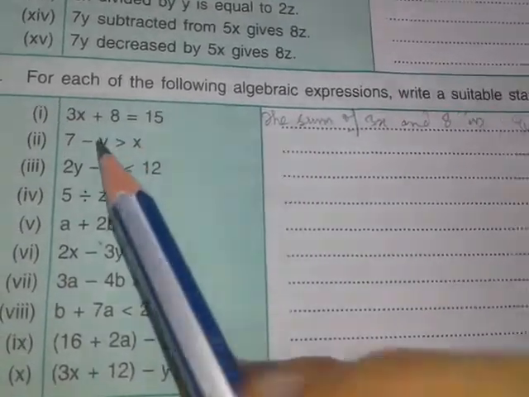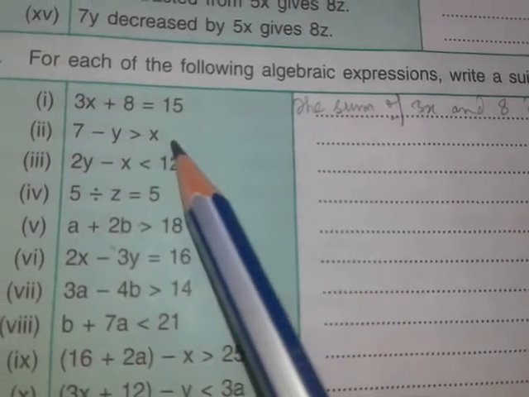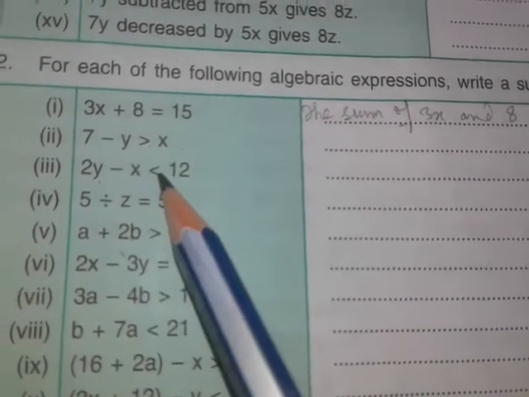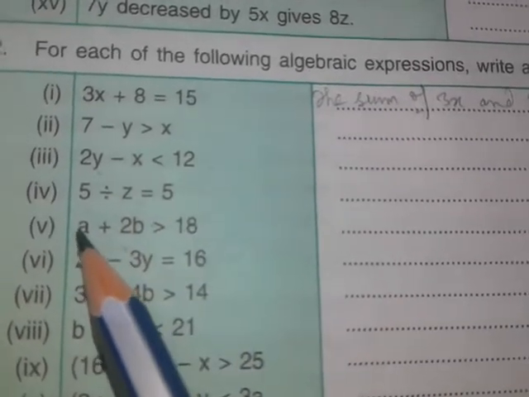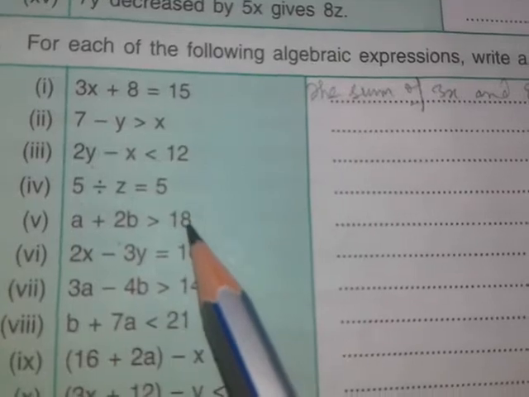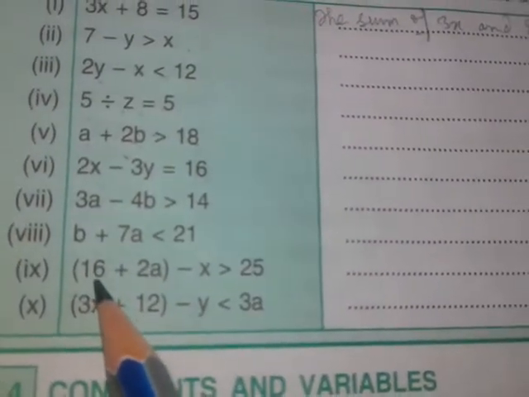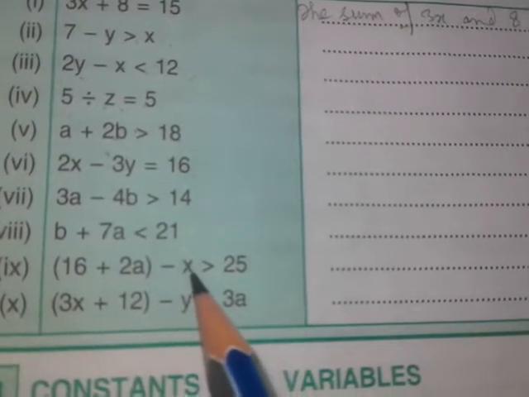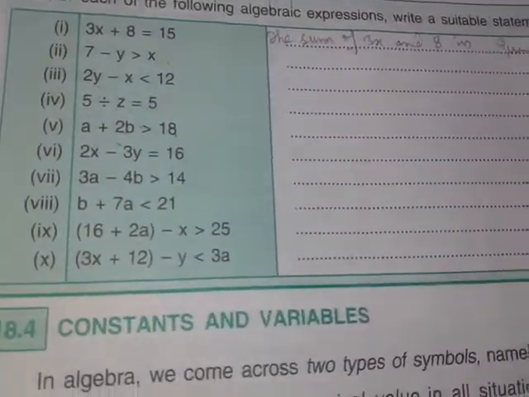I hope you are understanding. 7 minus y is greater than x. 2 times y minus x is smaller than 12. 5 divided by z is equal to 5. The sum of 8 and 2b is greater than 18. So this way you have to write it. The sum of 16 and 2a minus x is greater than 25. The way you speak, the way you have to write.